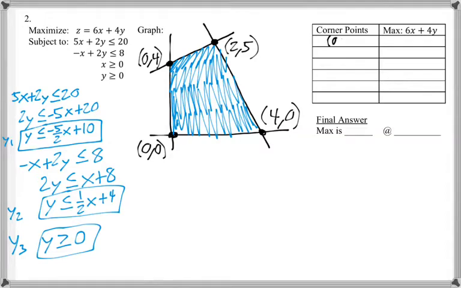So (0, 0), (0, 4), (2, 5), and (4, 0). Those are the points that I want to plug into the objective function.